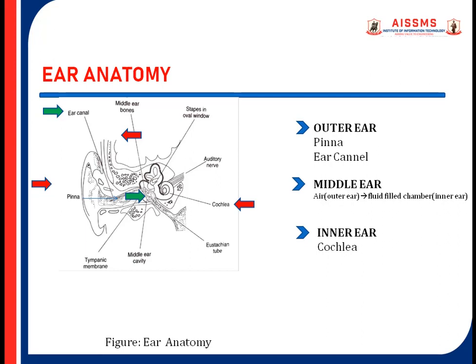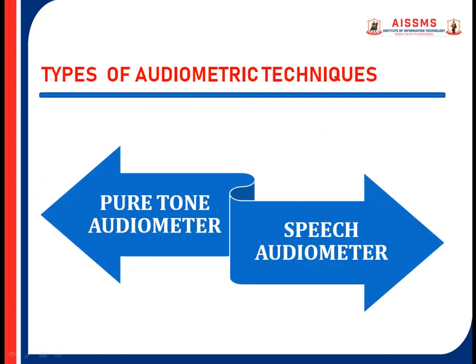The bones in the middle ear amplify or increase the sound vibrations and send them to the cochlea. The vibrations cause the fluid inside the cochlea to create a traveling wave along the basilar membrane. In this way, the human can hear the sound.